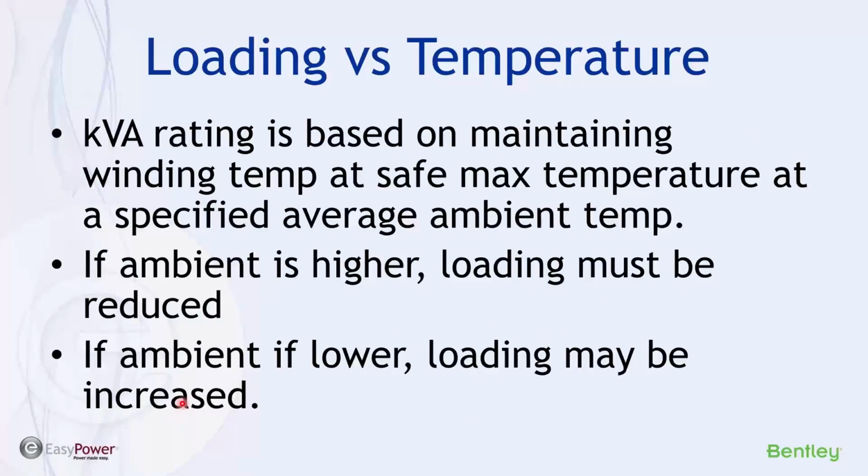And that's because the kVA rating is based on maintaining that winding temperature in a safe max mode based upon the specified average temperature. If the ambient temperature is higher, loading must be reduced, whereas if it's lower, you may be able to increase it. And so this gives us the ability, in some cases, to have a seasonal rating that we can apply to the use of the loading on the transformer.